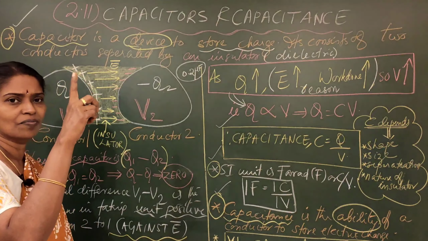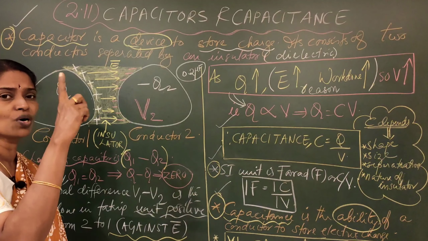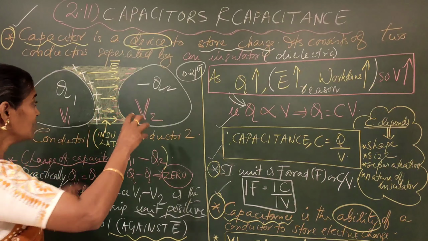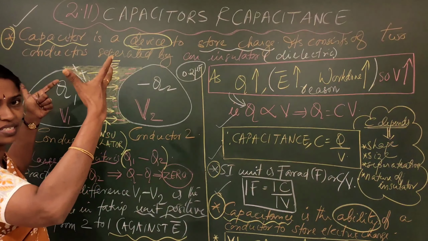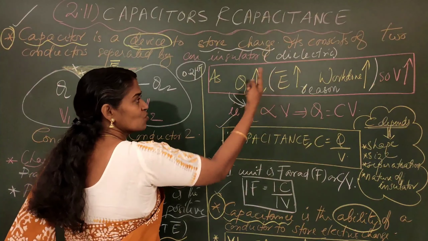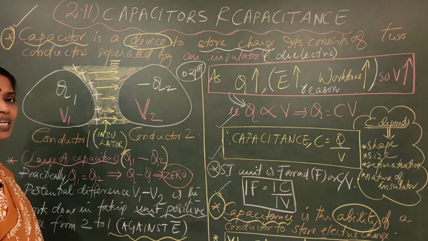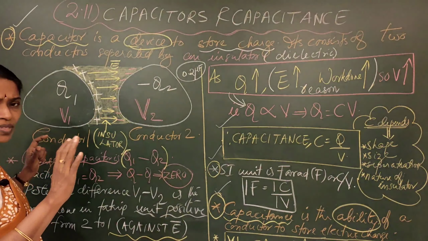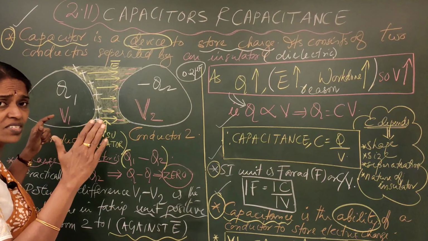Capacitance rises. Capacitance rises means the ability to store charge rises. Means charge again increases. Charge increases means the electric field again increases. What happens if the electric field is increasing?